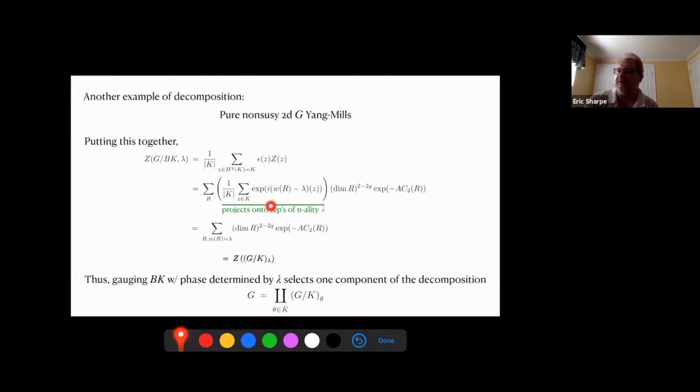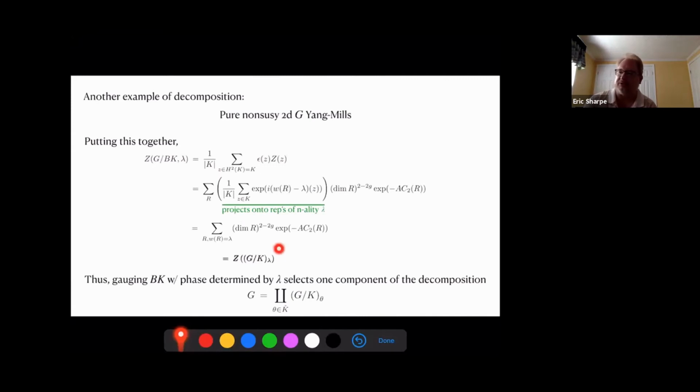This sum over gerbes becomes a projection onto representations of fixed n-ality determined by, essentially, the choice of phase epsilon. And then with that particular representation, the result is a sum over what looks like the same partition function as before, except now with a restriction to representations of the covering group of a particular fixed n-ality.